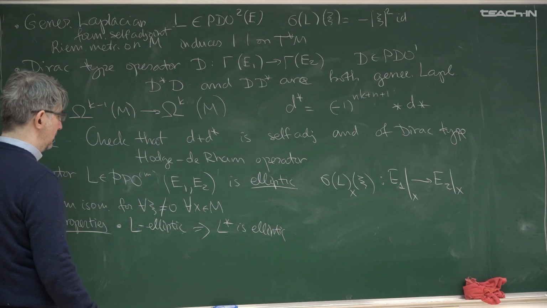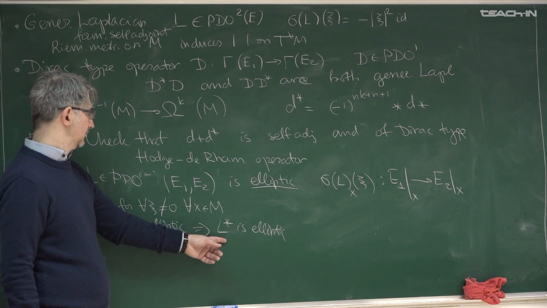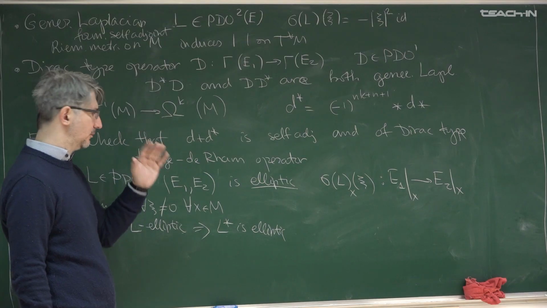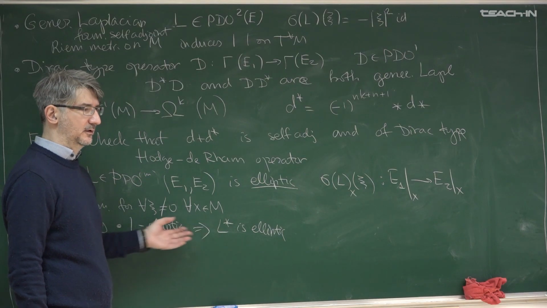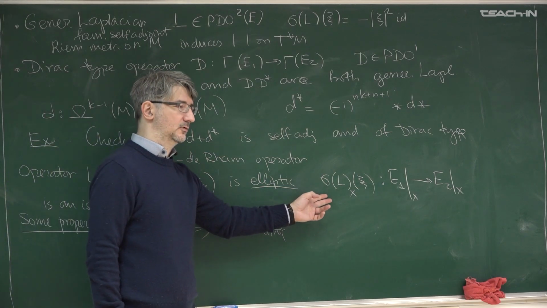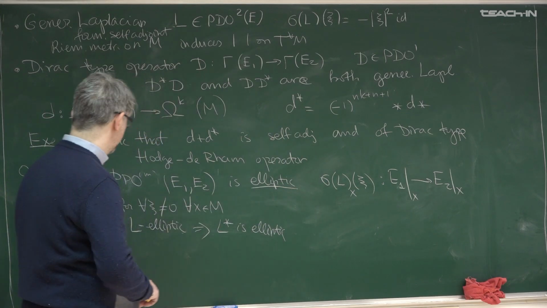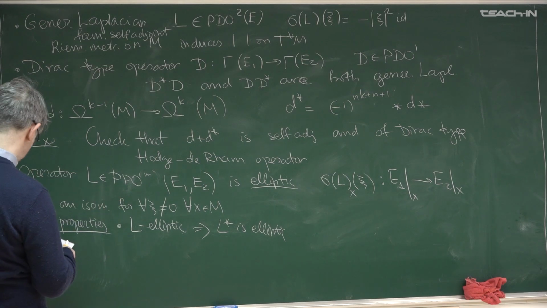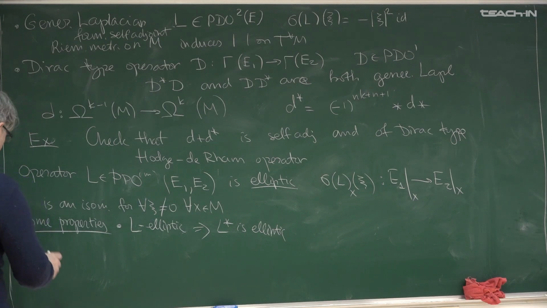Why? Because the symbol of this operator is just the conjugation of the symbol of this one, up to a sign. You pass from one linear operator to its conjugate, so it's the same. If one is invertible, then the other one is also invertible.